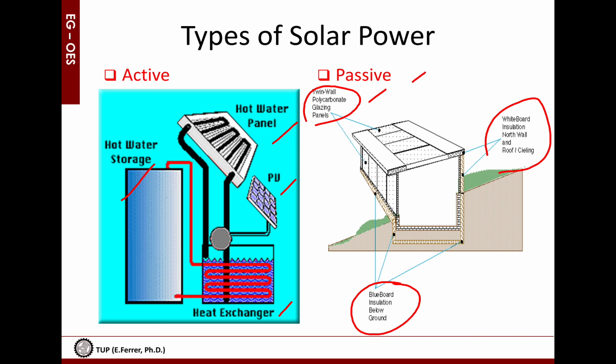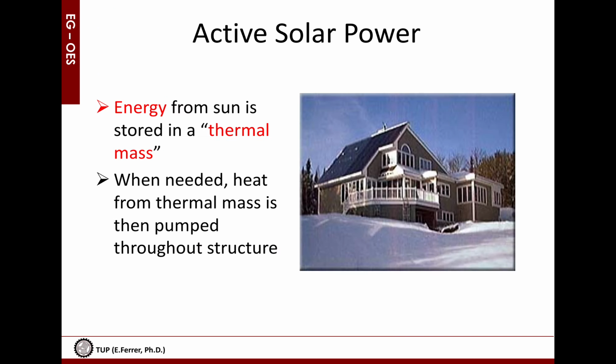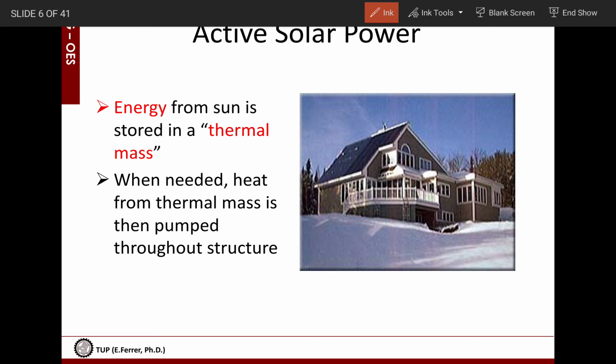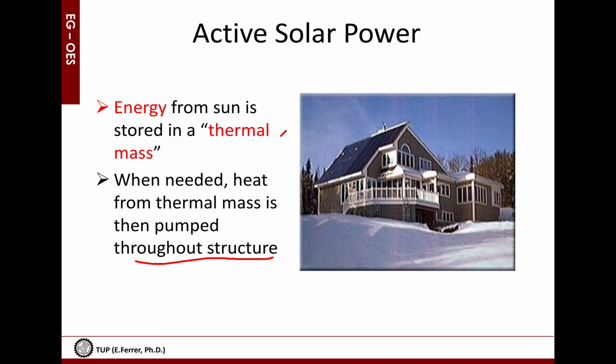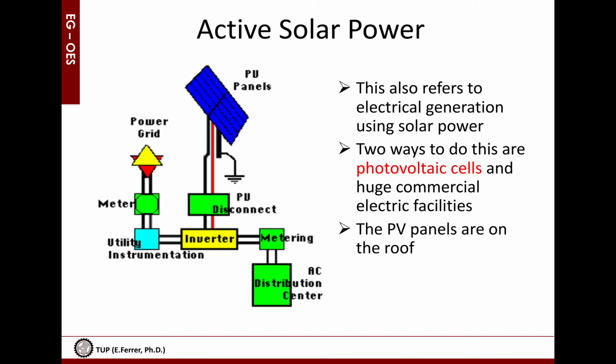And then active solar power is actually energy from the sun stored in a thermal mass. Heat from the thermal mass is then pumped throughout the structure. That's what I said, like in here. Then active solar.